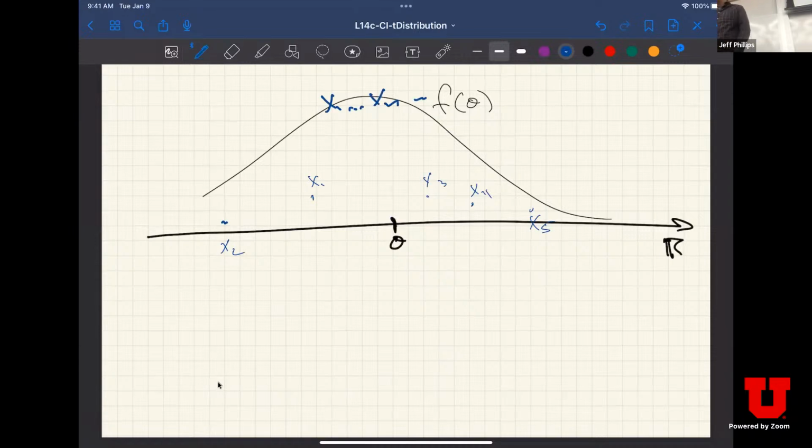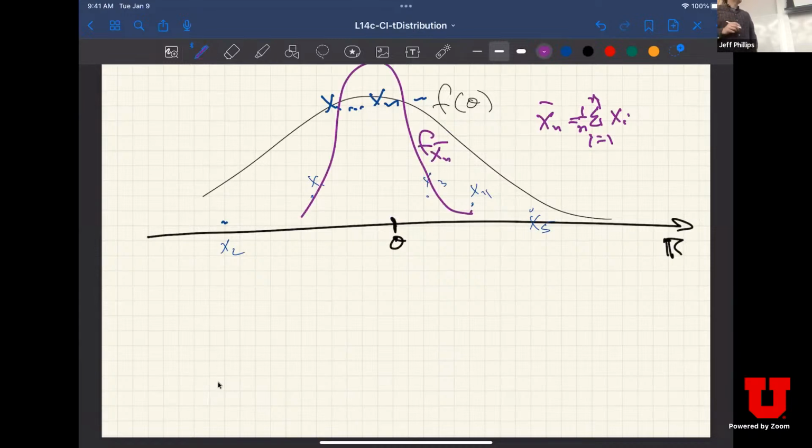But there's also often an xn bar, which is the average of these, from i equals 1 to n. And so this will be a tighter distribution. This will be f of xn bar.